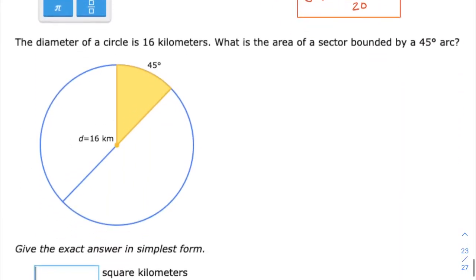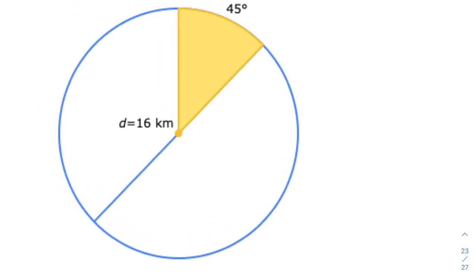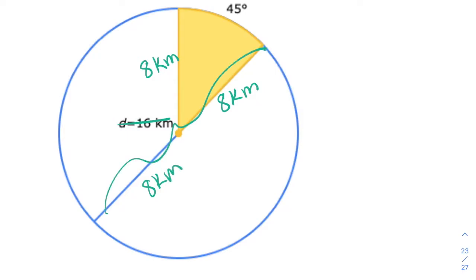The next one is the same thing, except you have a diameter. So you want to make sure that you change this diameter to a radius. This is going to be 8 kilometers, because this whole thing is 16.